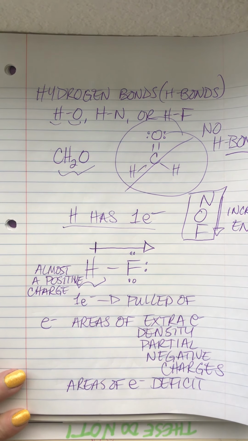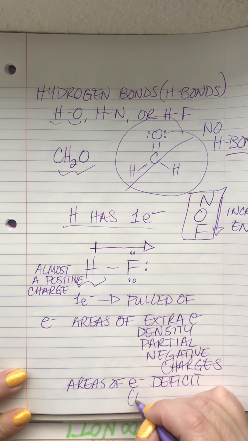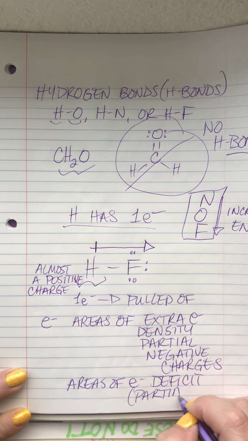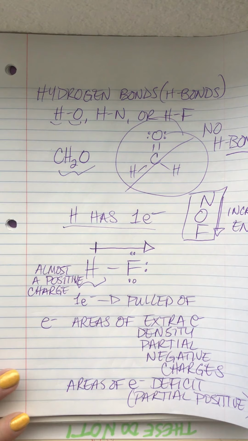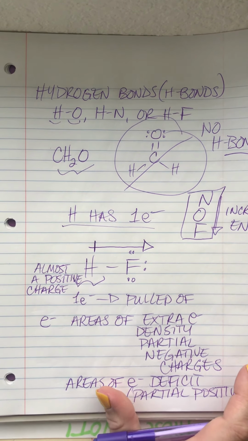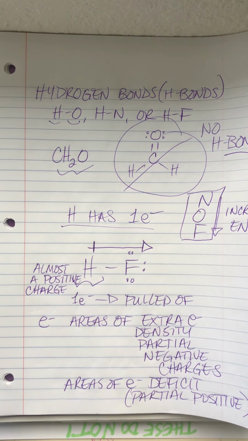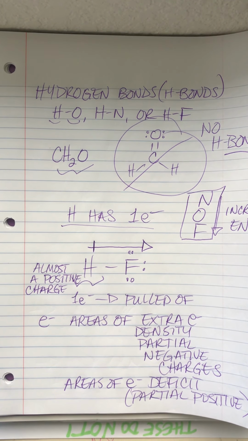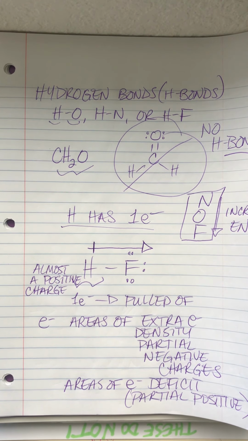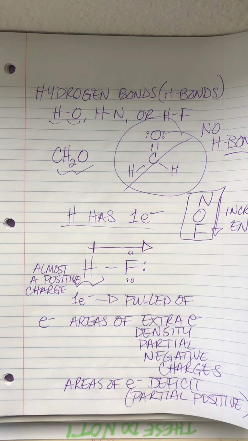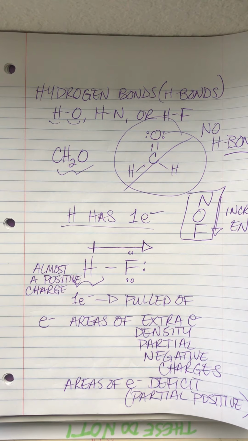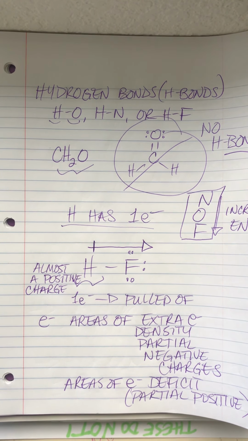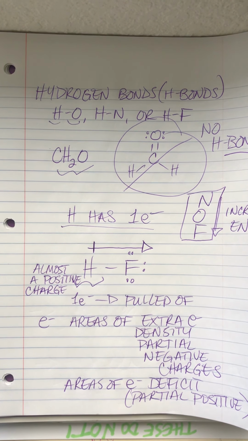These are the areas that have partial positives. Really everything that you guys are going to talk about if you go on to organic chemistry is all about where you have extra electrons and where you have not enough electrons, because that separation of charge is what defines all of the behavior in organic molecules, okay?